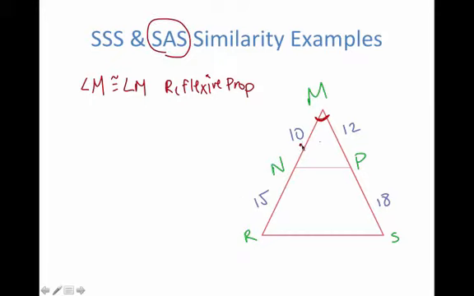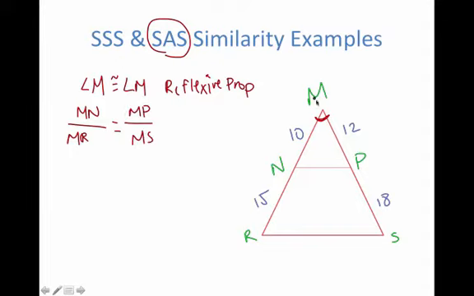So I want to know, are the two sides that are on both sides of angle M proportional to each other? So is MN over MR, that's that big triangle side, proportional to MP over MS?